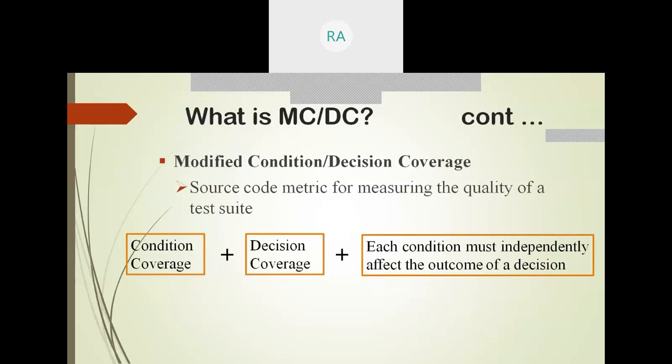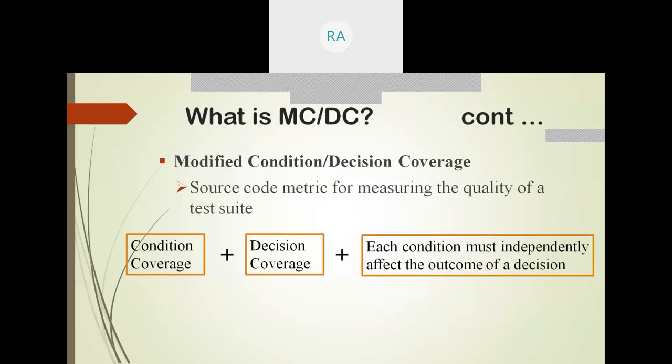Okay, how do I measure this MCDC coverage? It is a combination of condition coverage, decision coverage, and the condition which is independently impacting the outcome of a decision. These three things should be taken into account whenever I measure the MCDC coverage, that is, modified condition decision coverage.